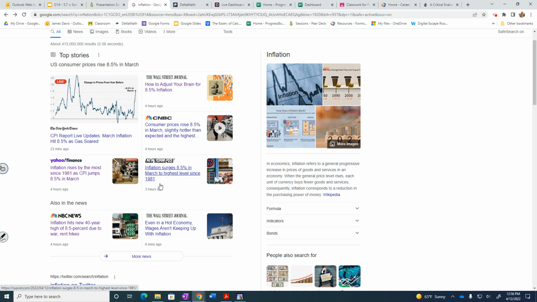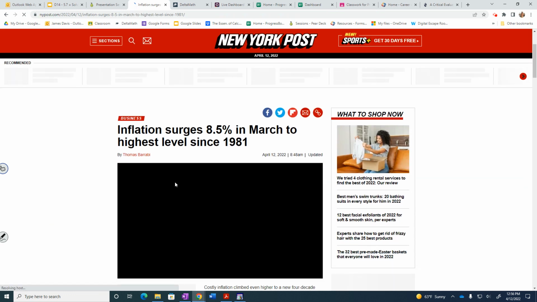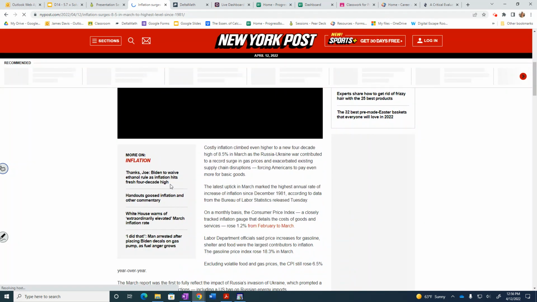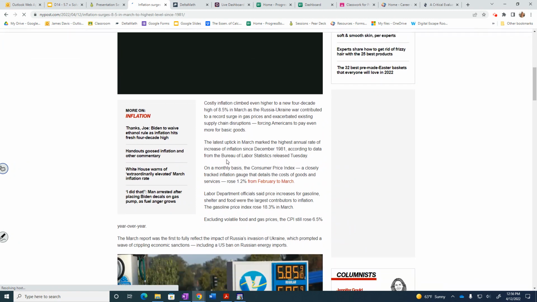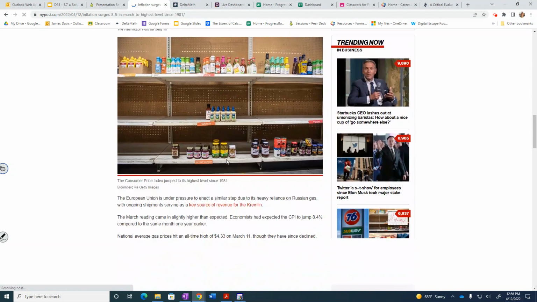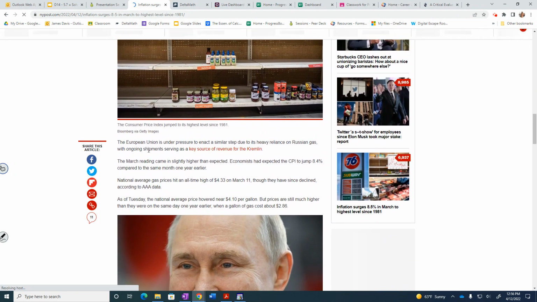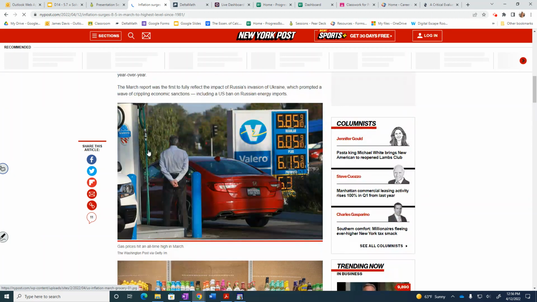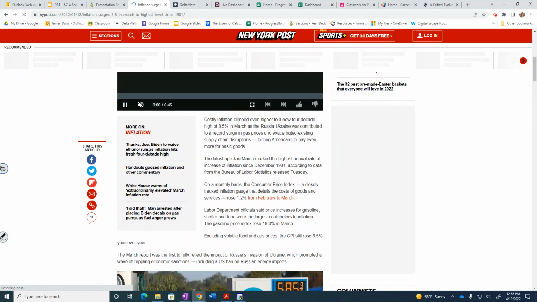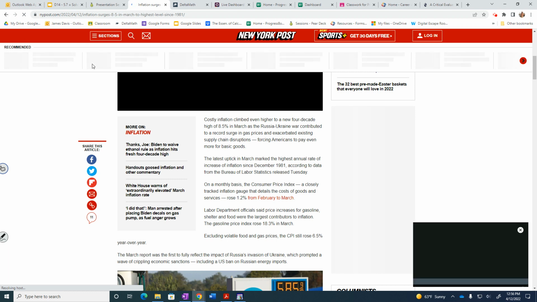Yeah, it's up 8.5%. You can read all kinds of articles on it, but that takes into account grocery prices, gasoline, all that stuff. So it's gone up a ton. You guys don't buy as much stuff, but you probably noticed it at the gas pump. Gas has gone down some, thankfully, in this area.